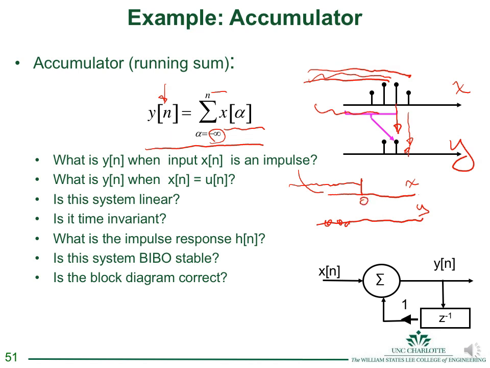If I continue adding to the next time point, I notice that I don't add any more 1s. I always have a sum equal to 1. And so for every time point after that, the output is 1. And so the impulse response of the system is u of n.